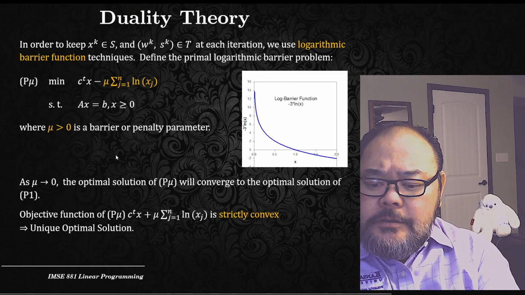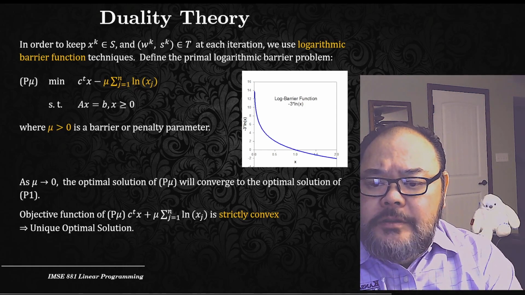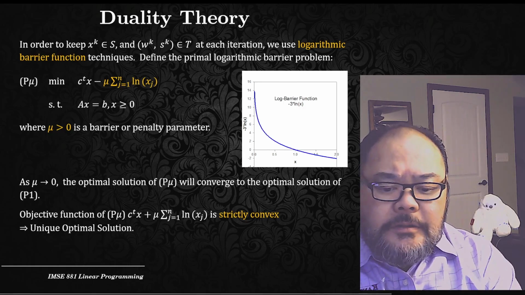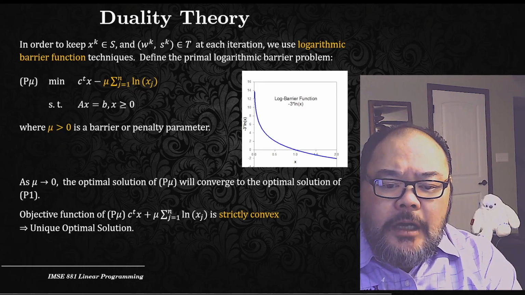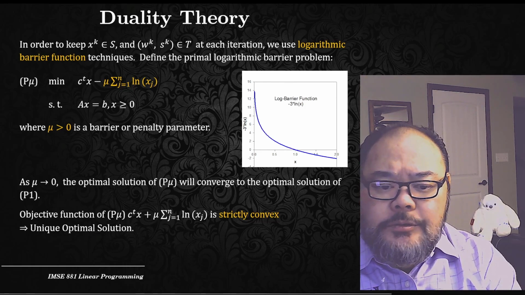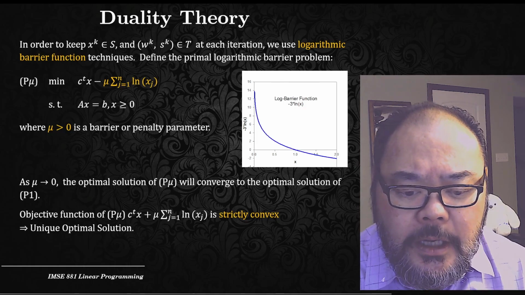Since the objective function of P mu is now nonlinear instead of linear, with the logarithm barrier function involved, however, it is still a strictly convex problem. The negative natural log is strictly convex, plus a linear term c transpose times x, and therefore it is still strictly convex.